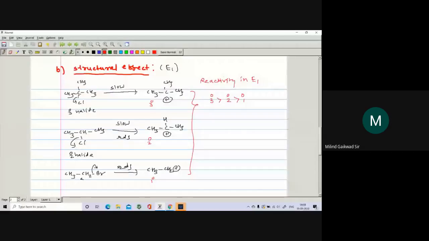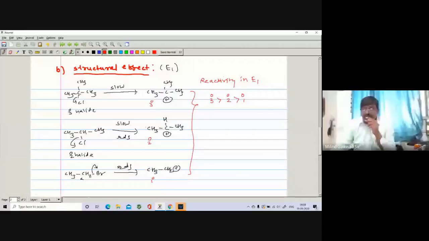Here there is a formation of a carbocation. If there is formation of a more stable carbocation, that is a tertiary carbocation, then the rate of reaction will be faster because it is more stable. Every species wants stability. The tertiary is more stable as compared to secondary, as compared to primary. So the reactivity will be in the sequence tertiary, then secondary, and then primary.